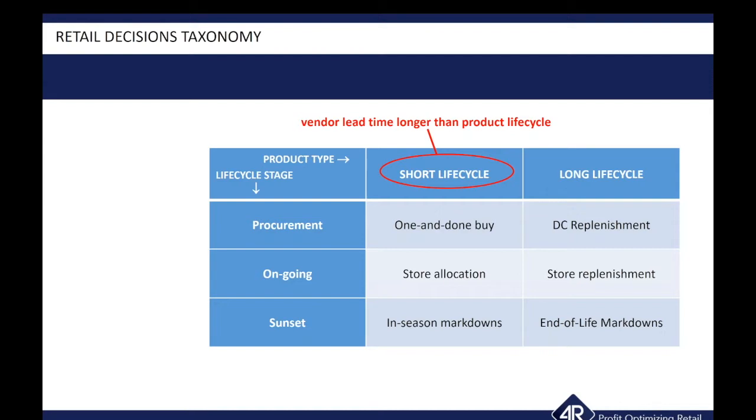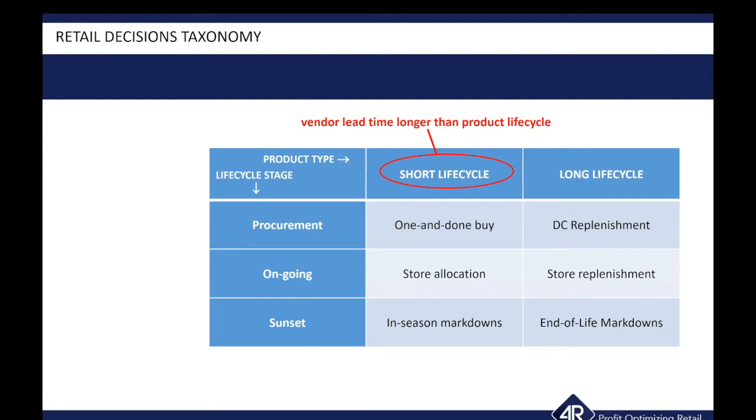What this means is that, for example, if we're looking at a seasonal product whose selling season may be 4 or 5 months, and the procurement cycle, meaning the time to place the order with the vendor, procure the items either from the manufacturer or by manufacturing themselves, and then ship it to the retailer, exceeds the 4 or 5 month selling season, then there is no opportunity to rebuy, and basically we call this a short life cycle. We also call it one and done.